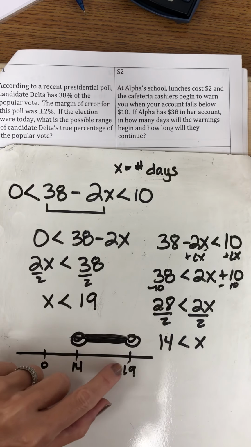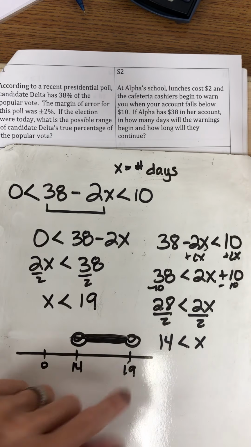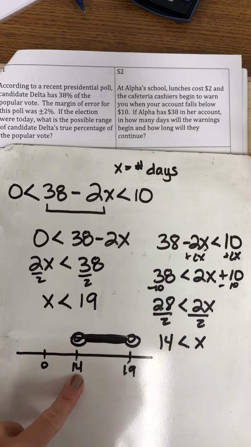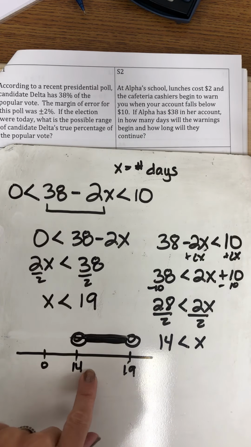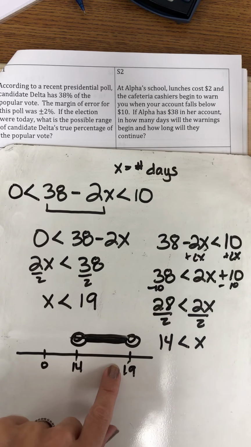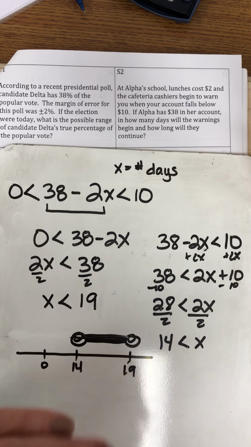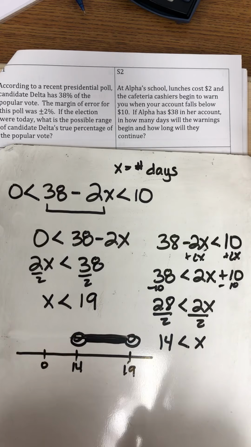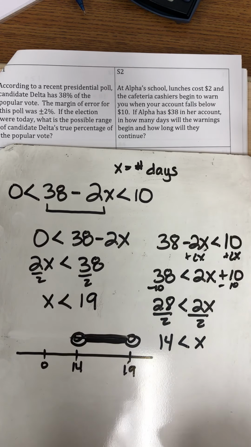But on the 15th day, she'll have less than 10. On 16, 17, 18 days, she'll have less than 10. And on the 19th day, she'll have nothing in her account, so she won't even be able to buy anything. So she won't even get a warning. So there we go. Let's take a look at 14 to 19.